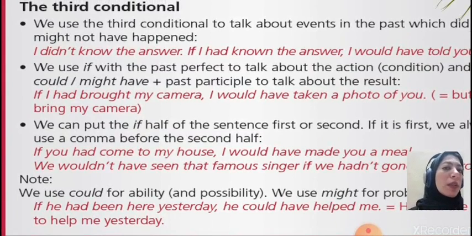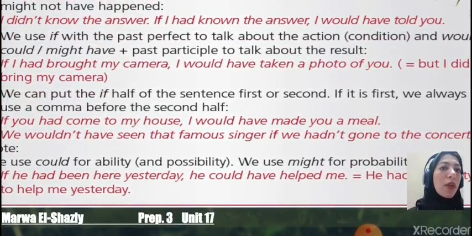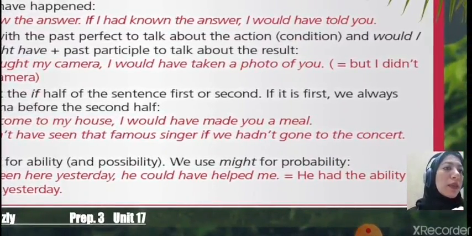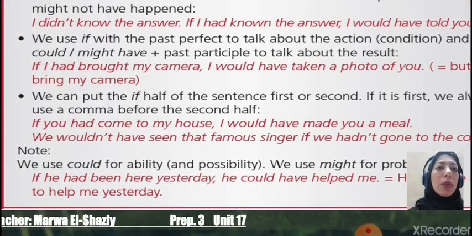So it's impossible. We can put the if half of the sentence first or second. If it is first, we always use a comma before the second half. So if it's mentioned at the beginning, we need to put a comma between the two halves of the sentence. If it's mentioned in the middle, we don't have to use it.